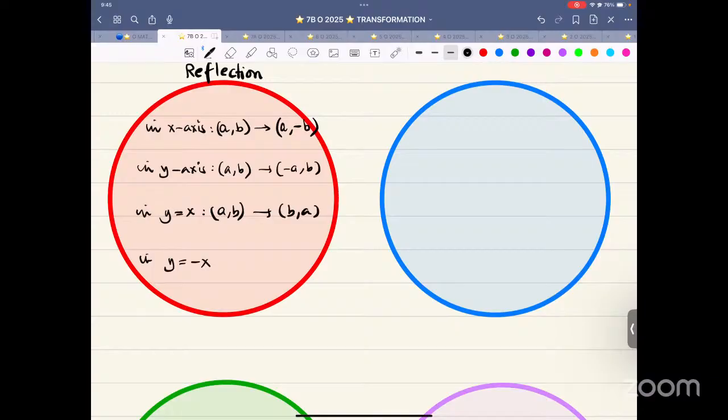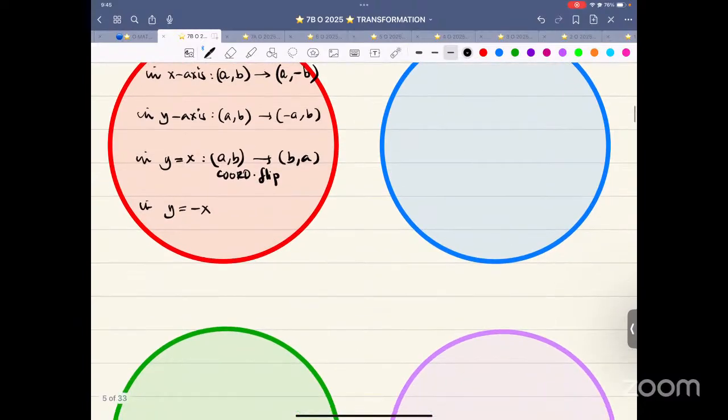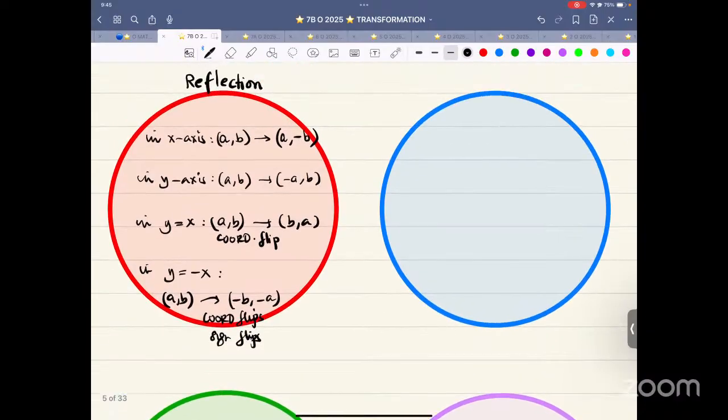So over here, coordinates flip, nothing else. When it's reflection in the line y equals negative x, (a, b) becomes (negative b, negative a). Coordinates flip, sign flips. Both things happen. So that's the litmus test that you need to remember.